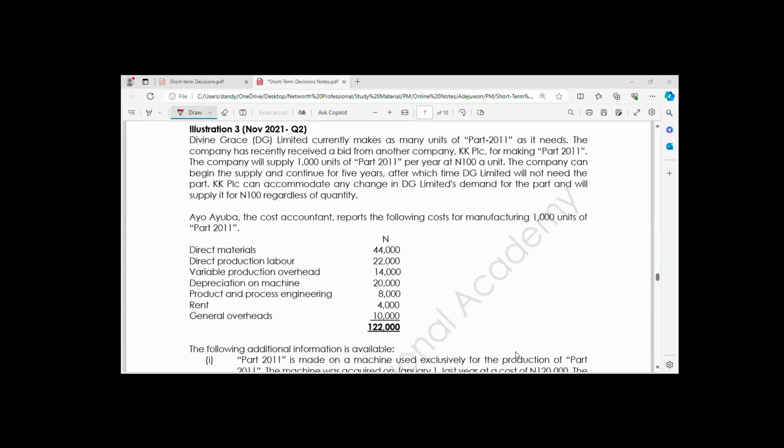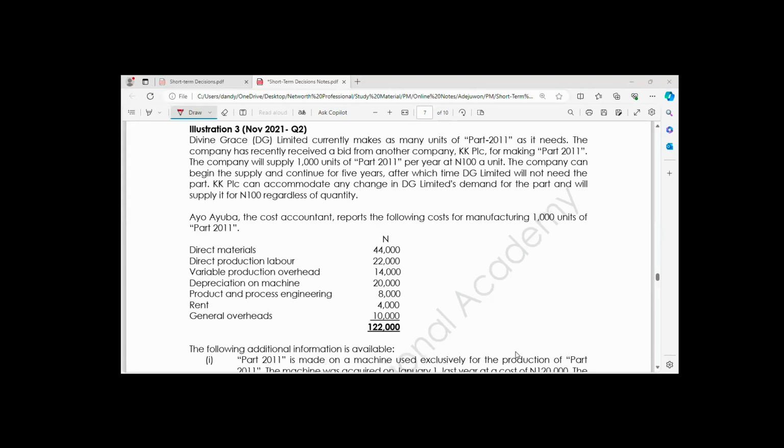2. The machine could be sold today for 30,000. 3. Product and process engineering costs are incurred to ensure that the production process for part 2011 works smoothly, although these costs are fixed in the short run with respect to units of part 2011 produced.